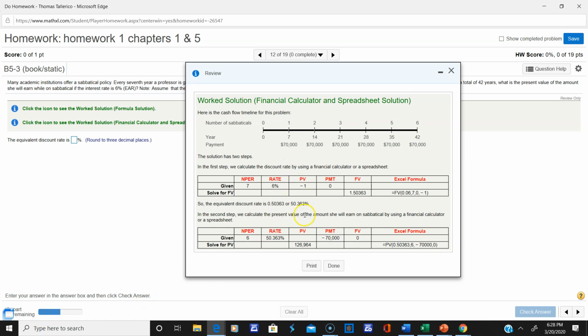So we calculated this, and now we do it in Excel, and you can see that. Now that we have that interest rate, which is all we needed, we do the lotto portion. We have 6 7-year periods at this rate, and the payment was $70,000, as I said, in lotto. That's why it's a payment.